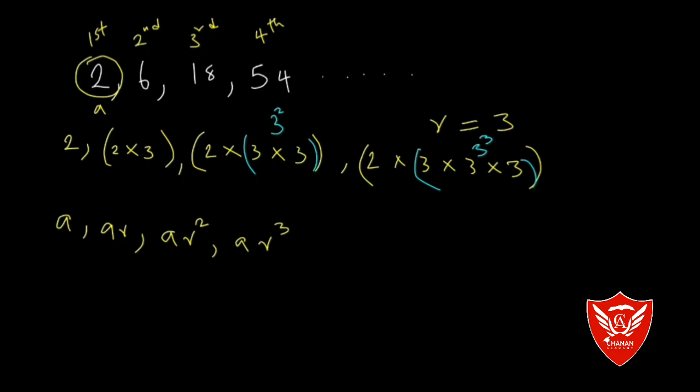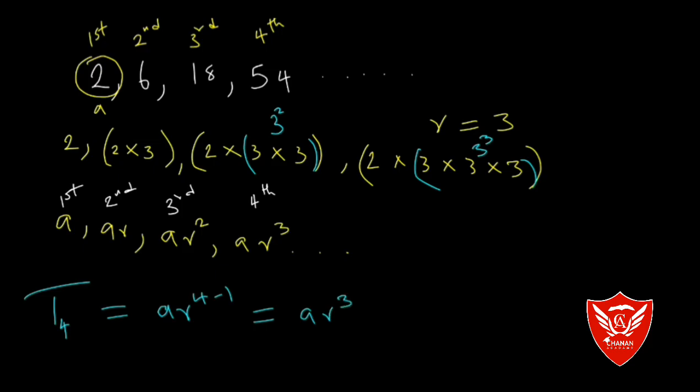Now, look at it very well. This is the first term, this is the second term, this is the third, and this is the fourth. So if we are looking for T4, which is the fourth term, we can say it is equal to AR raised to the power of 4 minus 1, because it's going to give us AR raised to the power of 3.